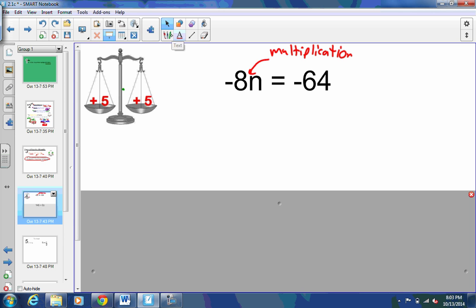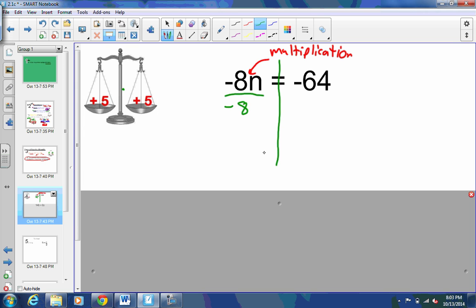So let's do some division here. If you divide both sides, again, same thing. We're going to get rid of that negative 8 by dividing by negative 8. And this is our divider. But what you do to one side, you must do to the other.